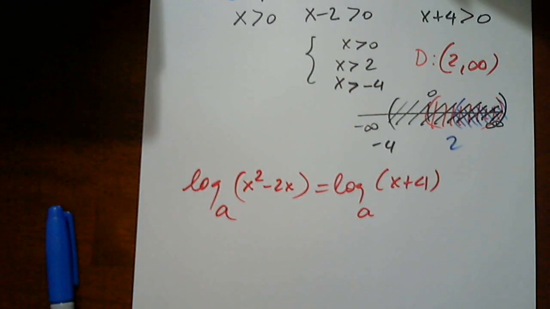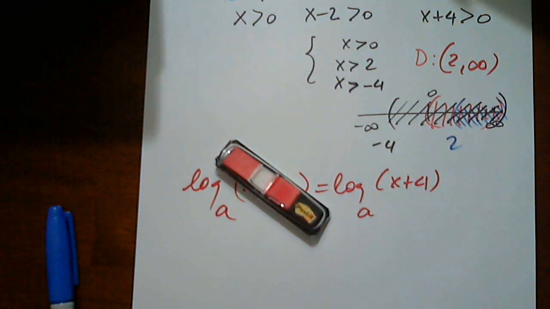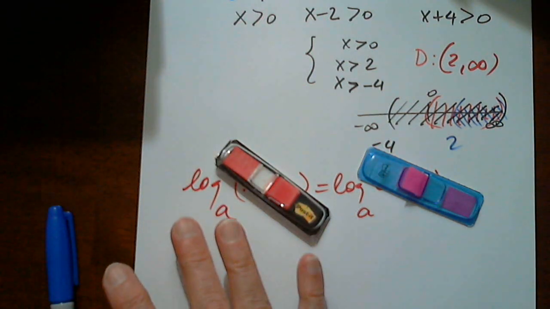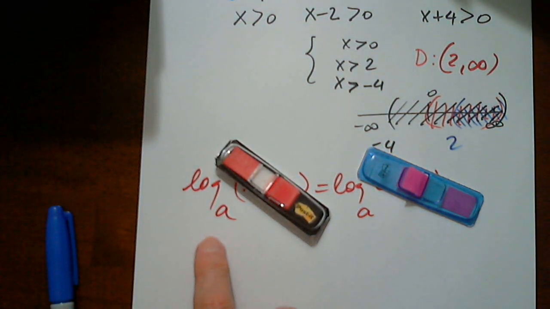What must happen for these 2 to be equal? Can log base a of 5 equal log 10?